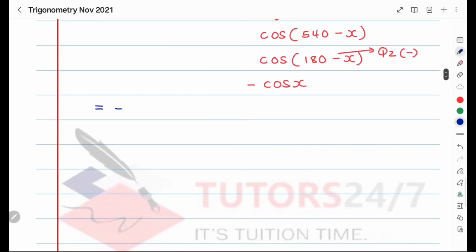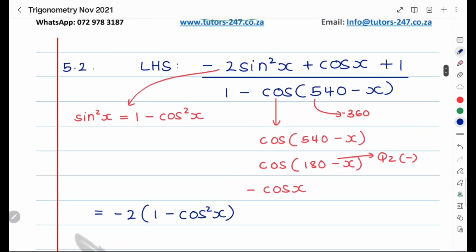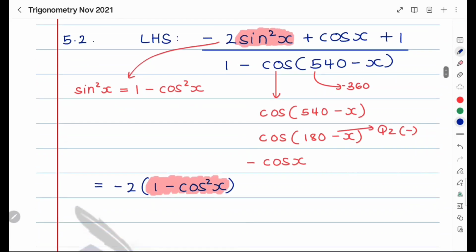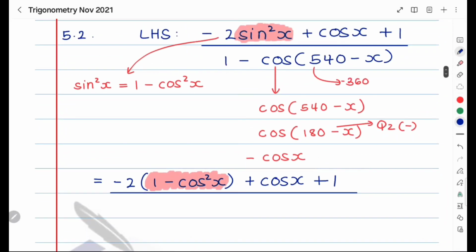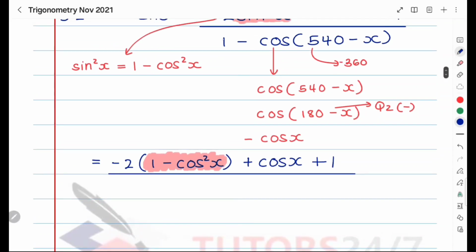So we bring down the negative 2, but in place of sine squared of x, we're going to put 1 minus cos squared of x. Then we bring down the rest of the numerator, so it is plus cos x plus 1. And that is all over the denominator. We bring down the 1, we bring down the negative sign.